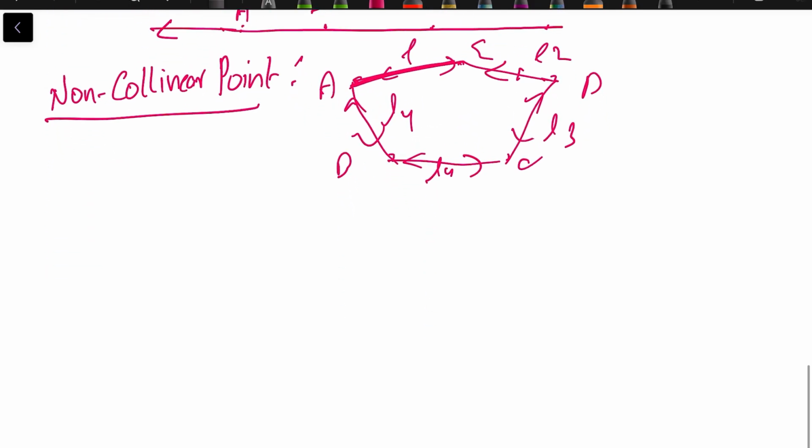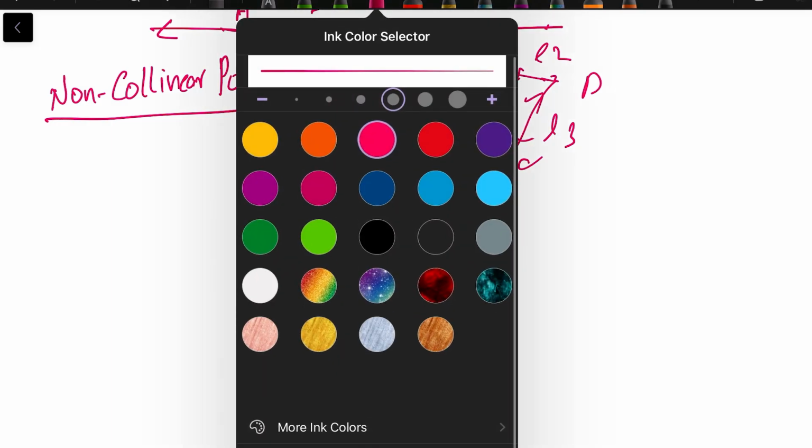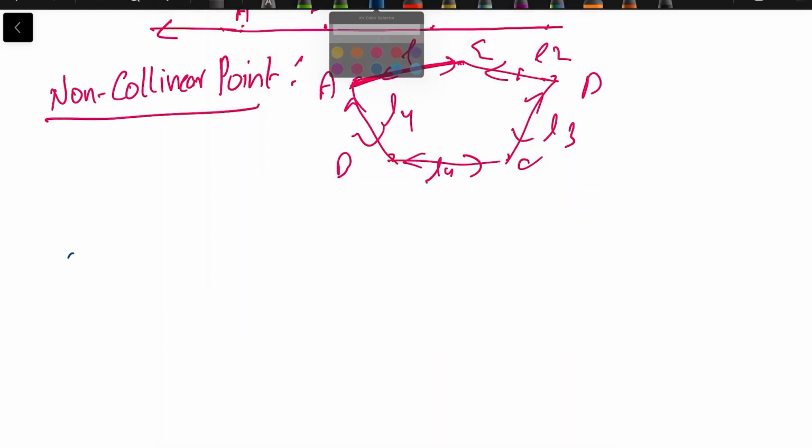Now we are going to discuss how many lines we can draw from a point, the number of lines that we can draw through non-collinear points. The point we are going to discuss is very specific.